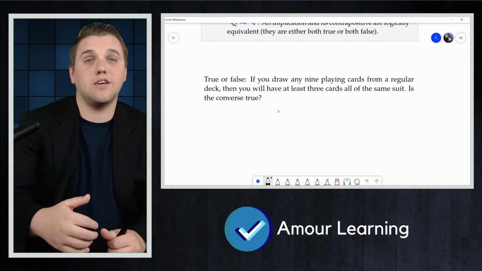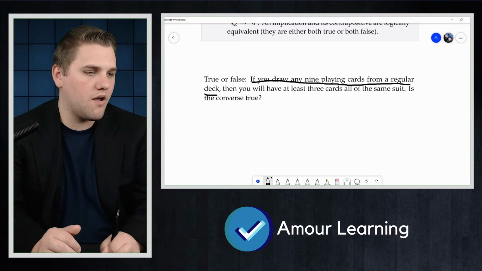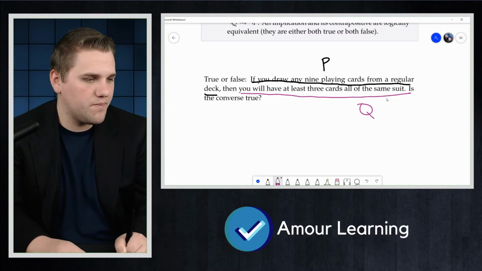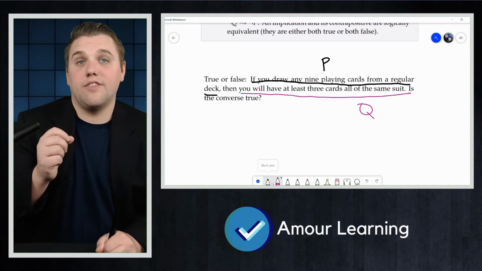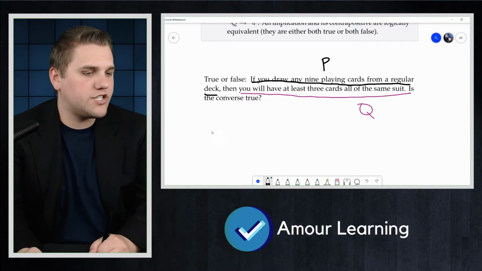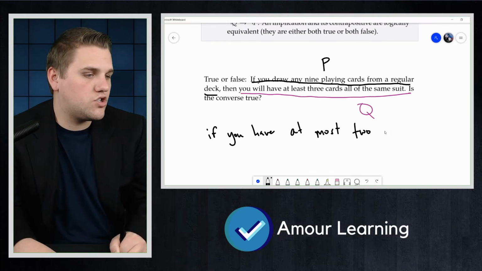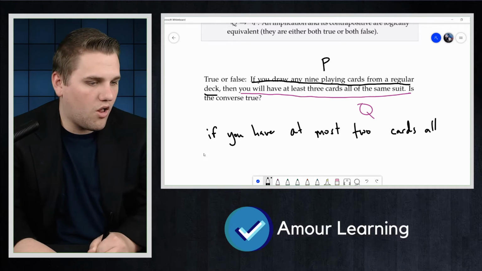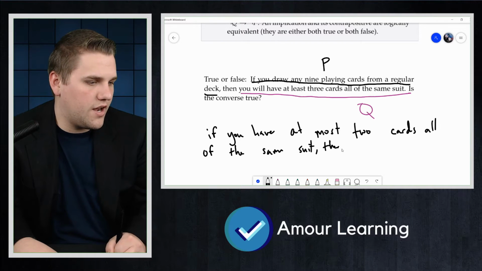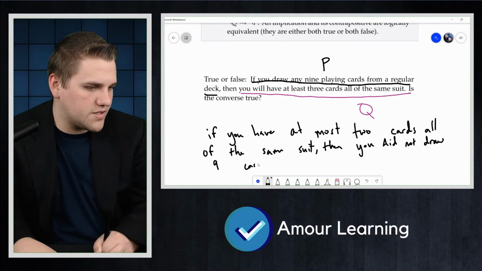So if we think of the first part as our P, and the second part as our Q, then the contrapositive is not Q implies not P. Is it true that if you have at most 2 cards, all of the same suit, then you did not draw 9 cards?